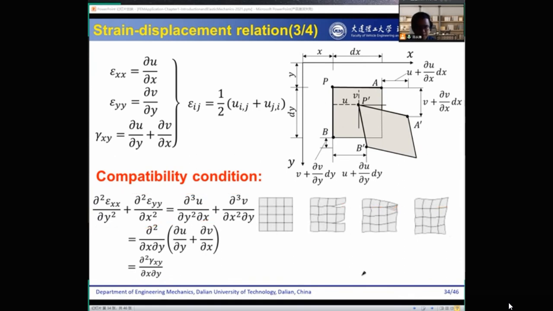Okay, this is the compatibility condition. You can read more on this in other books.